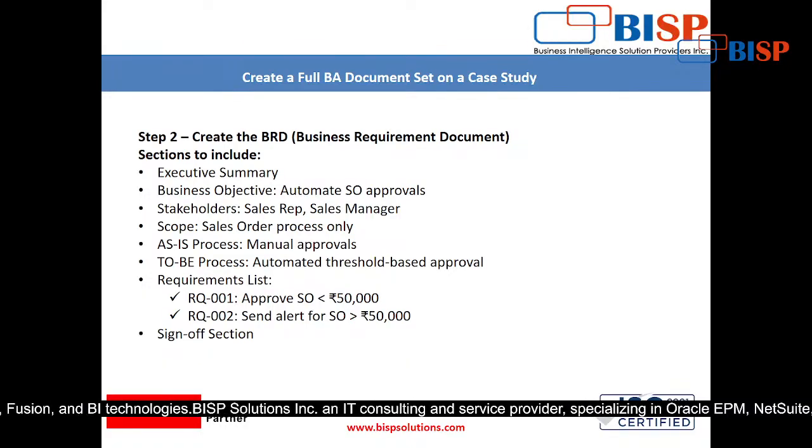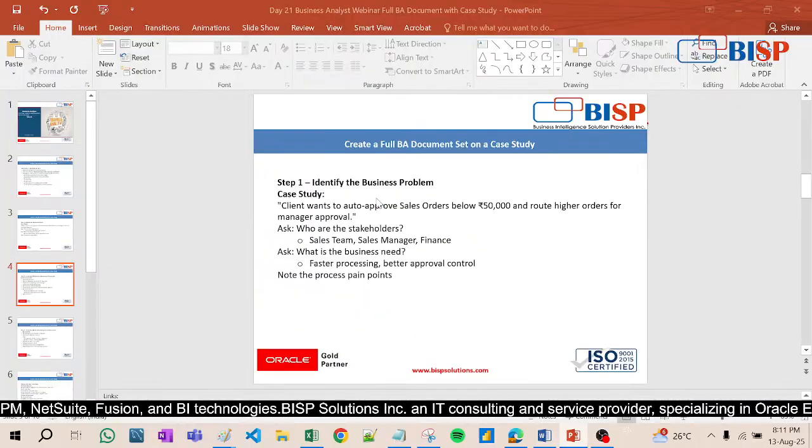Now for automate sales approvals, you have to write down the complete definition, right? Initially, the current process of the sales order is this. Then you have to put one more question: what do they want in the new system? Then you write down exactly what they want: automated approval of sales orders. Why do they need this? You have to add that by your own. I am showing you that the business objective is like this.